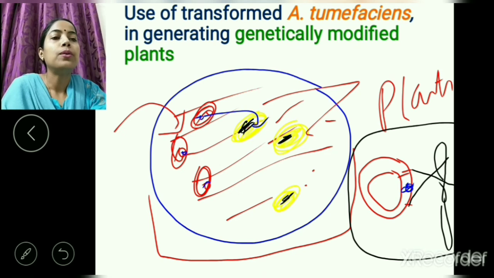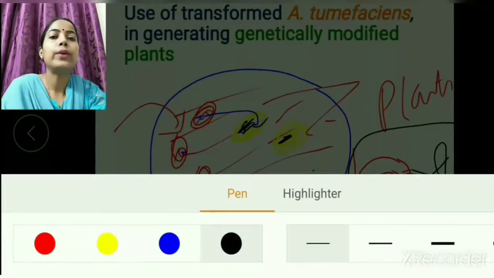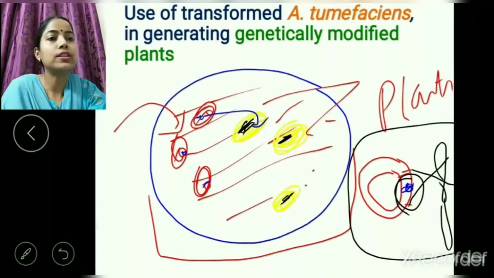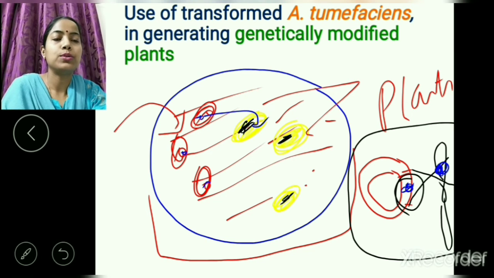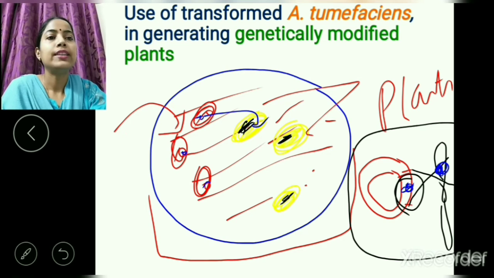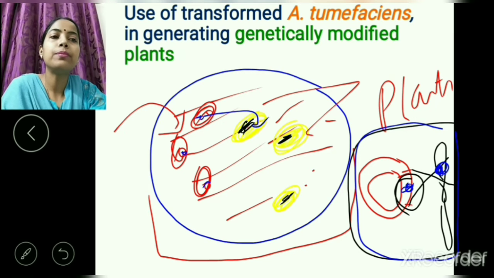So as a result what will happen? The main thing is that our foreign gene, in this reciprocation, will enter into the plant cell chromosomes. As a result these plant cells will now be transformed. How are they transformed? Because they are now carrying our foreign gene.